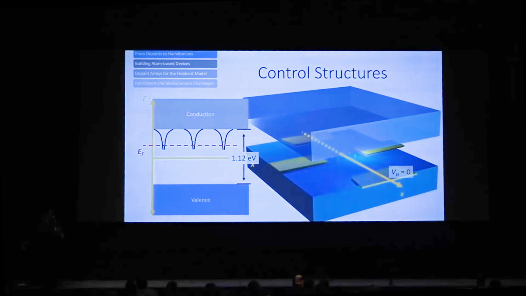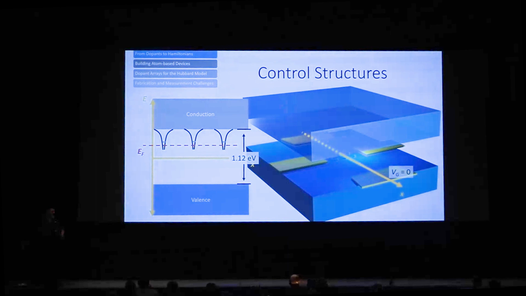And to go a little bit further, we can also introduce additional control structures. So we can have electrodes, for example, this is supposed to be a source and a drain, or we can have electrostatic gates, which are not tunnel coupled to our atomic system, but are a little bit further away.